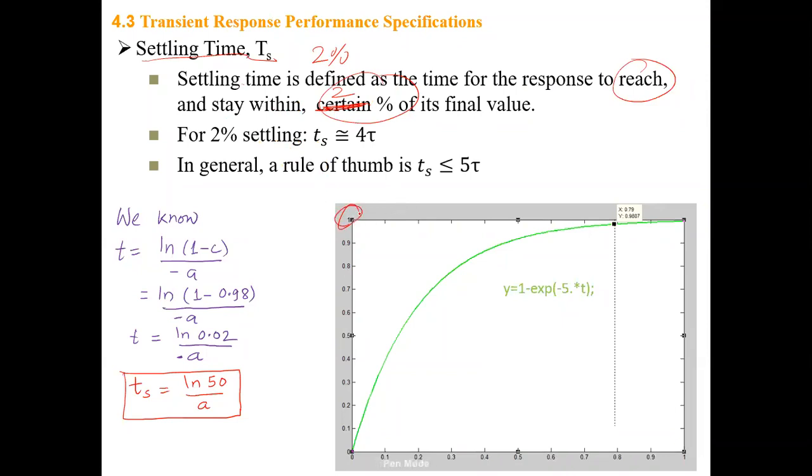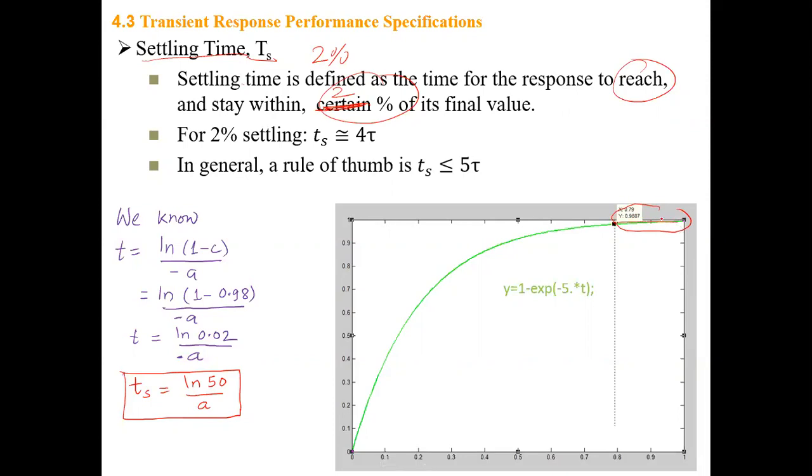What is 2% of the final value? The final value is 1, so 2% means 0.98. Right here it reaches 0.98, and after it reaches 0.98, it stays within it because it keeps going up and never comes down again.